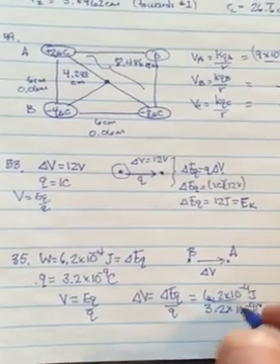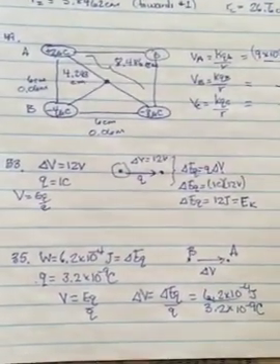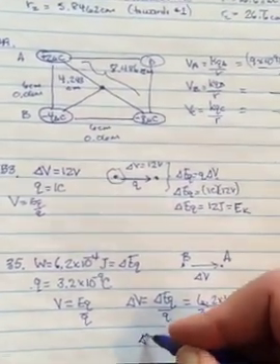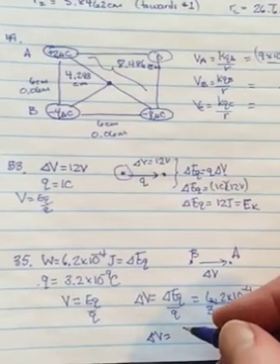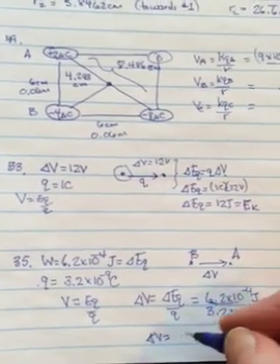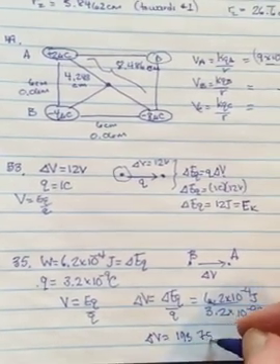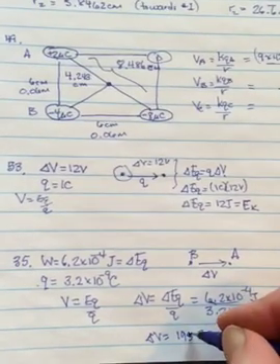Yeah, it's negative 4. Sorry, I was just making sure. It would have been nice if that had been 6.2 because it would have divided evenly. And so when you do this, you get a delta V of 193,750 volts. Okay, that's a 3, even though it looks like a 5.